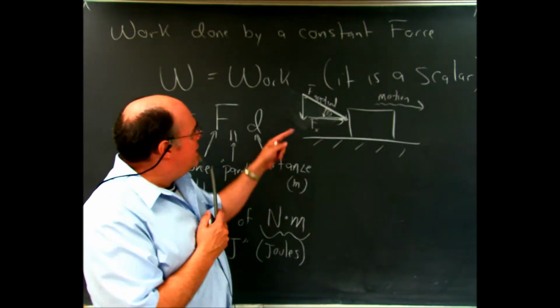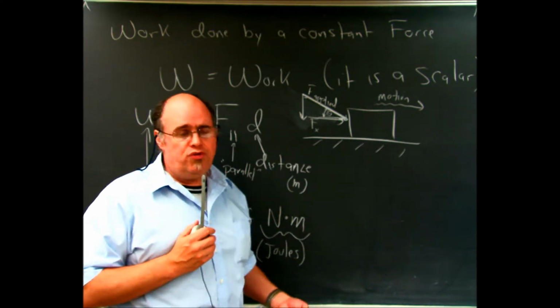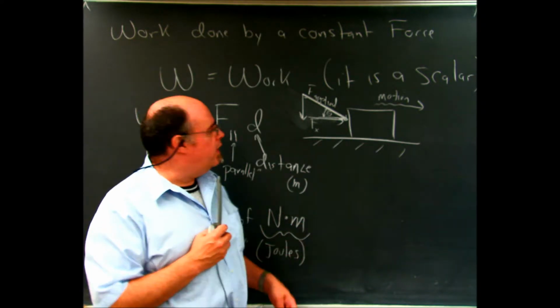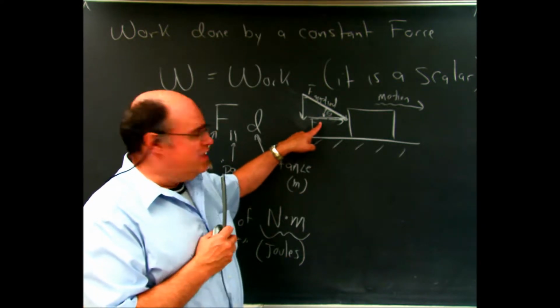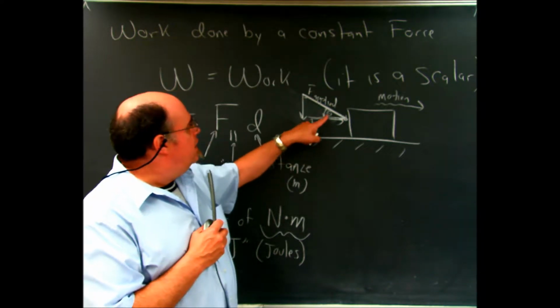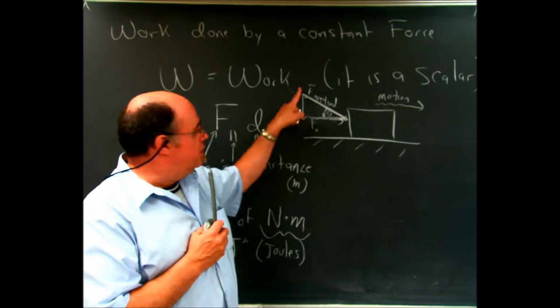So how would I get this? I would use what we learned in chapter 3, about trigonometry and how to break a vector down into the x and y components. Here's my angle, and this is my adjacent side. There was a formula back then that said the adjacent side is equal to the hypotenuse of the triangle times the cosine.